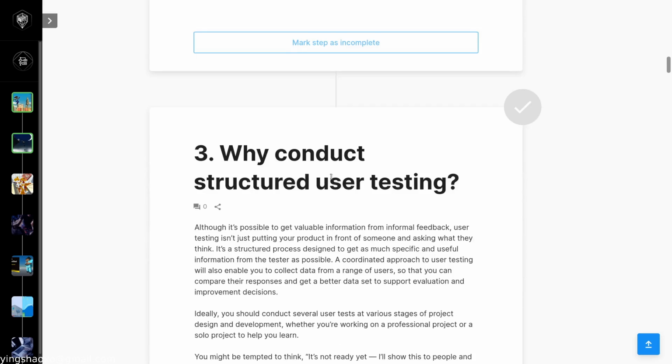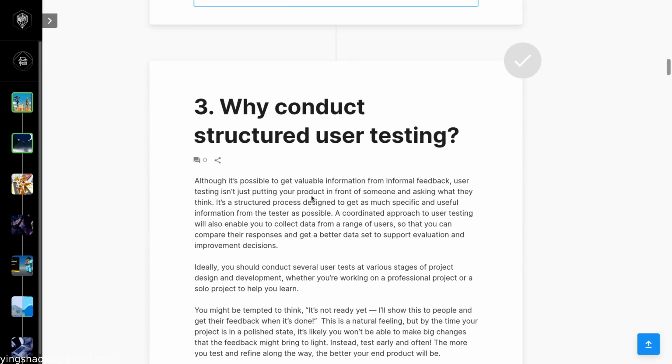3. Why conduct structured user testing? Although it's possible to get valuable information from informal feedback, user testing isn't just putting your product in front of someone and asking what they think. It's a structured process designed to get as much specific and useful information from the tester as possible.